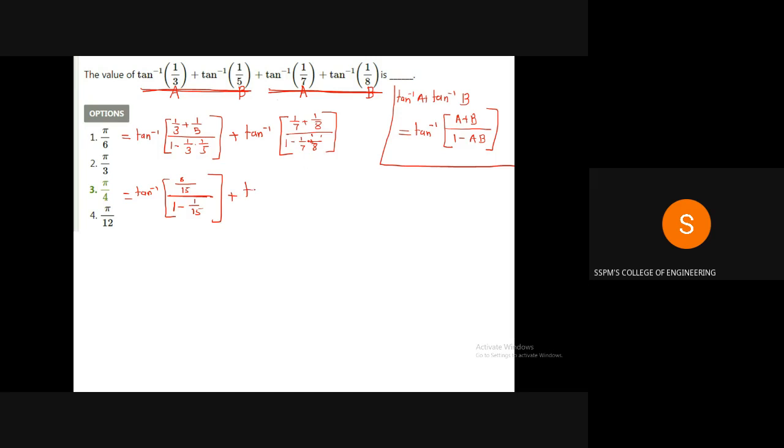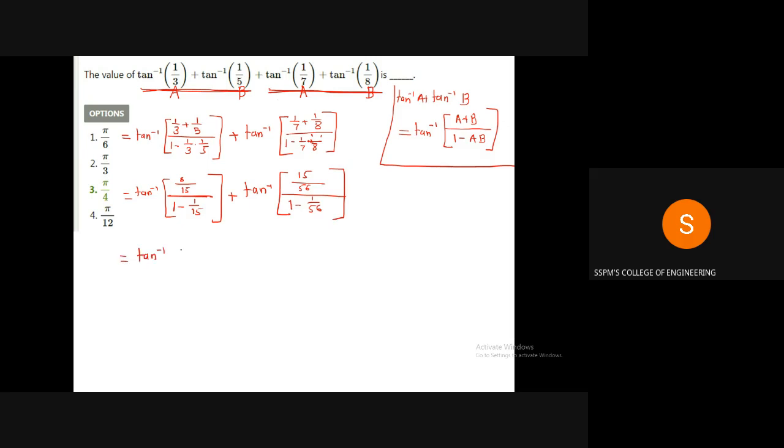Plus similarly for this part, tan inverse, what is 1 by 7 plus 1 by 8? It is 8 plus 7, that is 15 divided by 56, whole divided by 1 minus 1 divided by 56. Okay, we will solve this.